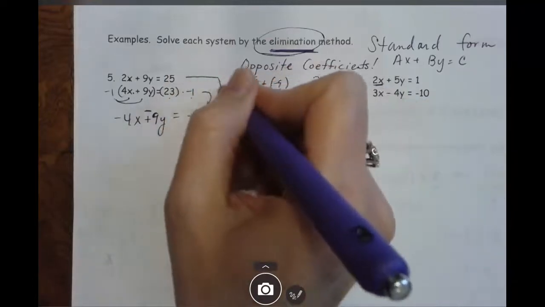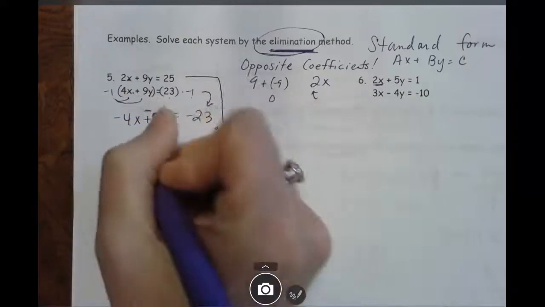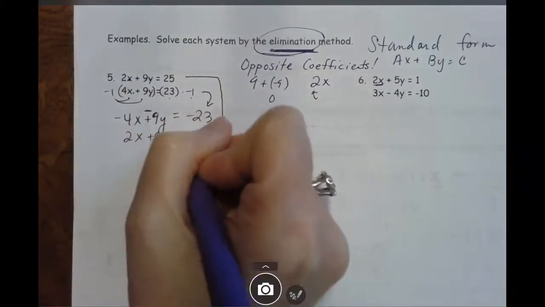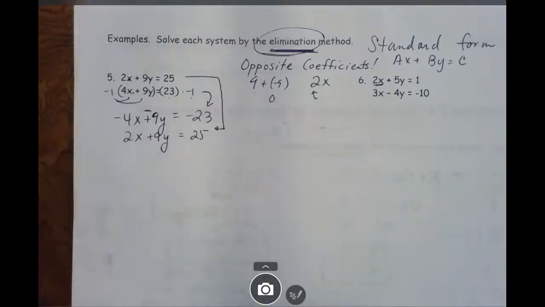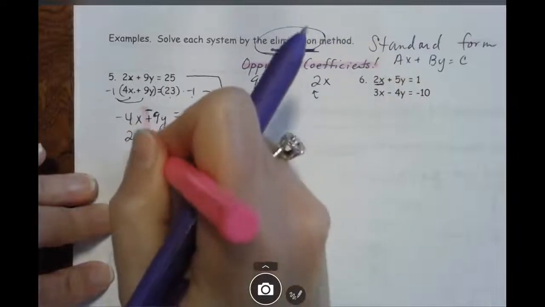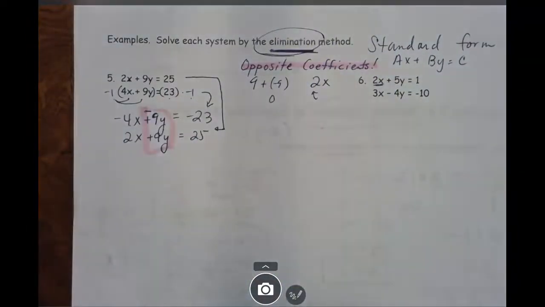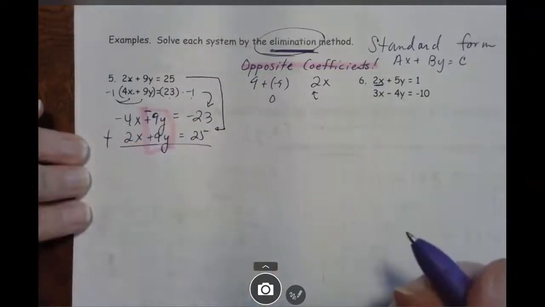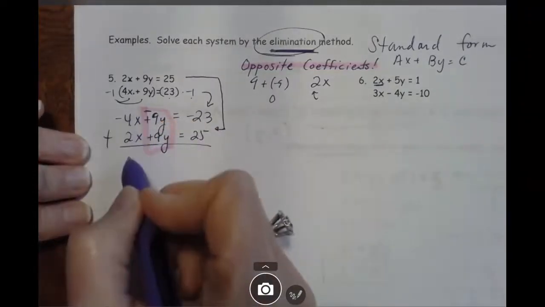So now let's bring down that top equation, put it right underneath it. 2x plus 9y equals 25. Now we have the opposite coefficients right here on the 9s. Now we can do elimination. Remember, when we do elimination, we're just going to add right down the columns.